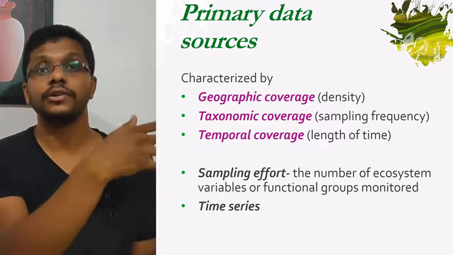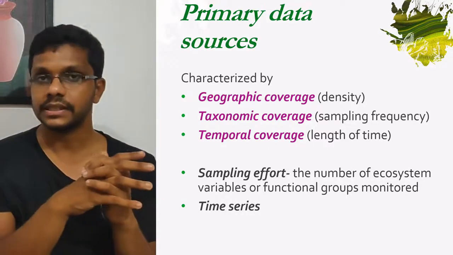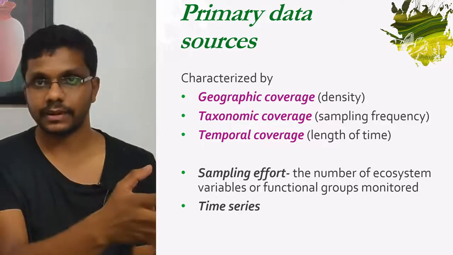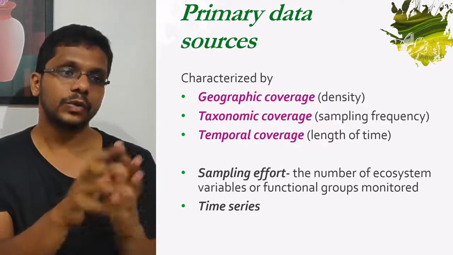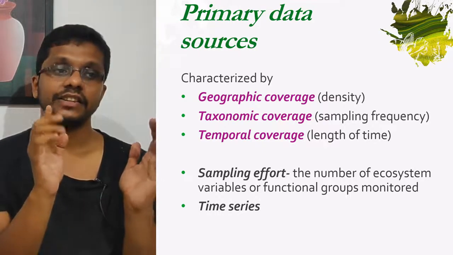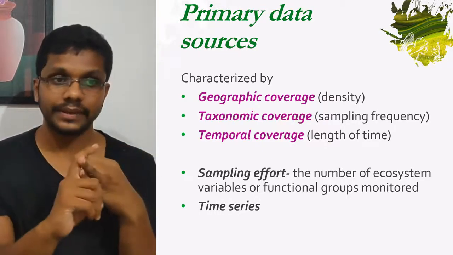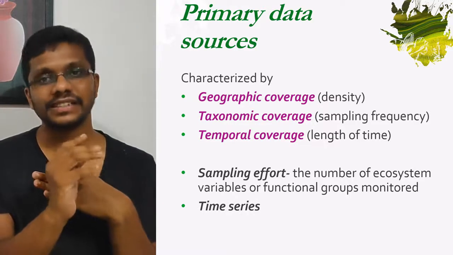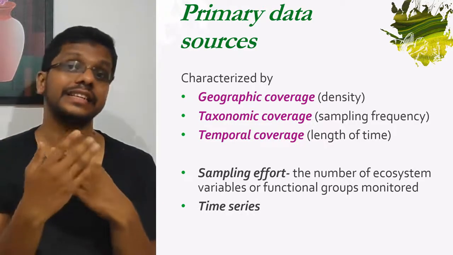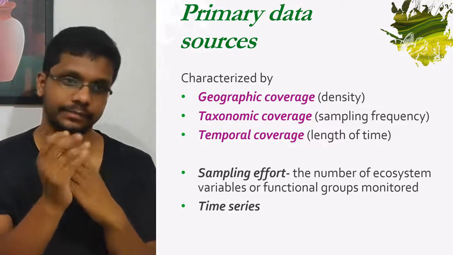They appear only in a few months of the year. So if you are not conducting your study in that particular month, you will get no data. So for a perfect study, there should be geographical coverage, taxonomy coverage, as well as temporal coverage. These are the three major criteria to assess the performance of a primary data collection.